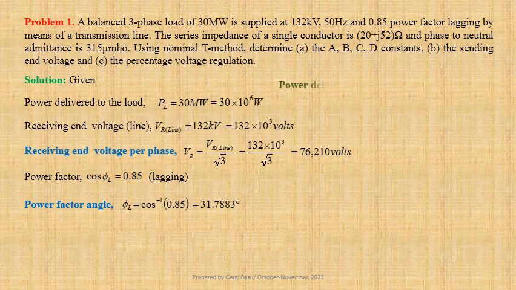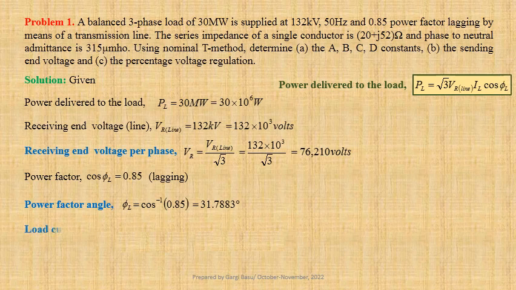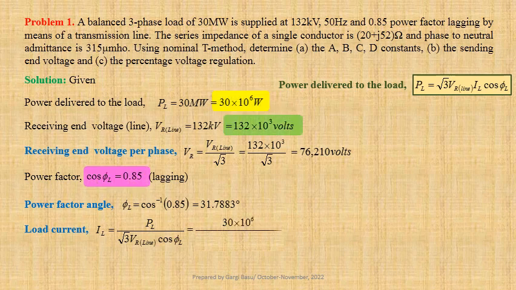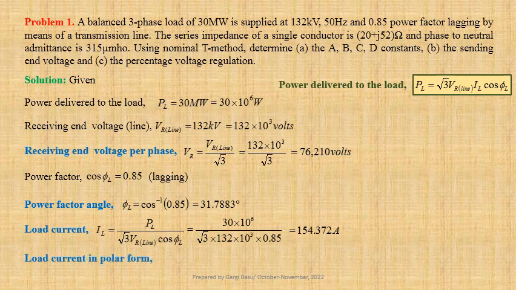Expression for power delivered to the load PL equals root 3 times VR line into IL cos phi L. Therefore, load current IL equals PL divided by root 3 times VR line into cos phi L. Using values we get 30 into 10 to the power 6 divided by root 3 into 132 into 10 to the power 3 into 0.85. That gives us 154.372 ampere.